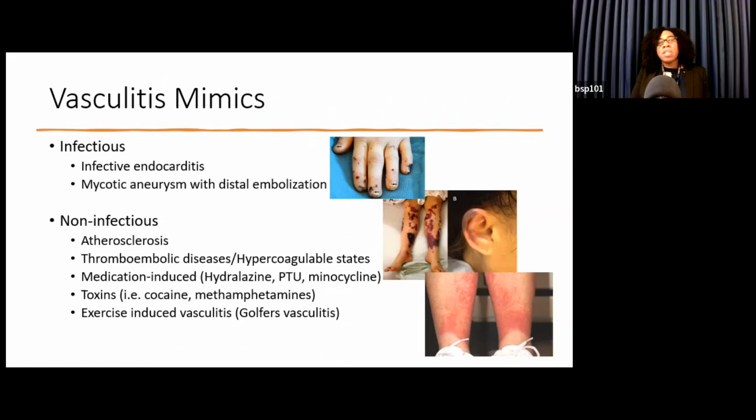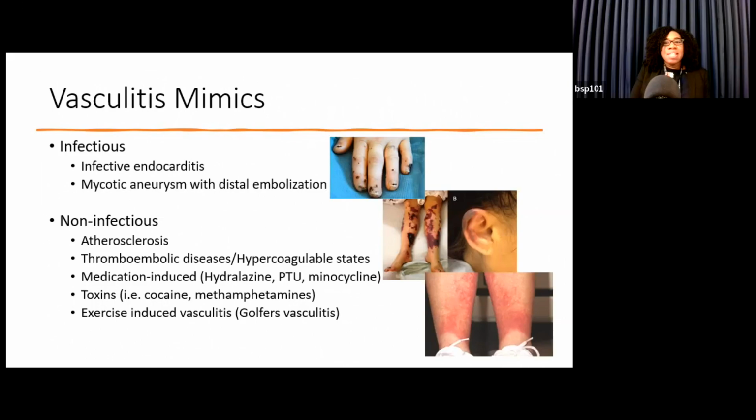So this isn't a true vasculitis, but it can look like that leukocytoclastic vasculitis that I showed initially. And that's in that final picture. It has a nickname, golfer's vasculitis, because it was seen frequently in people who were out playing golf all day. And more recently, it has a nickname of Disney vasculitis because people who go to Disney theme parks and spend the whole day walking around come back to their hotel room and they're like, what happened to my leg?